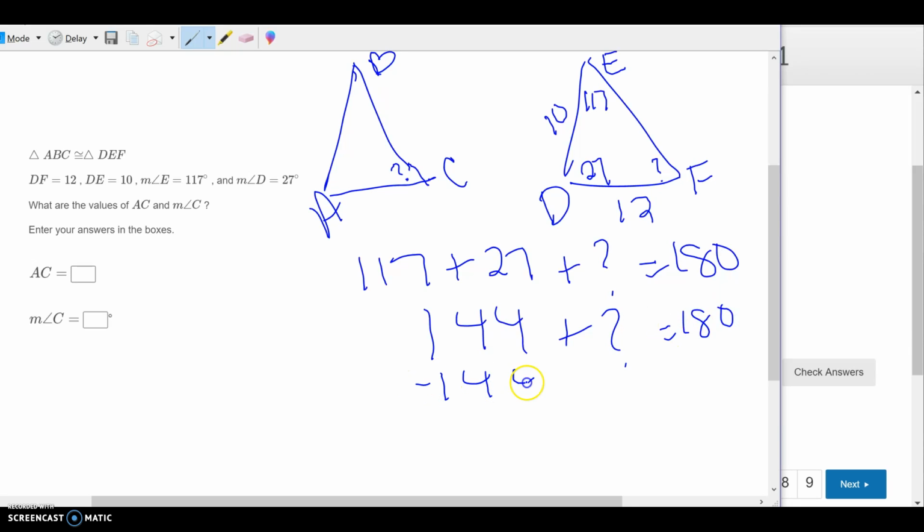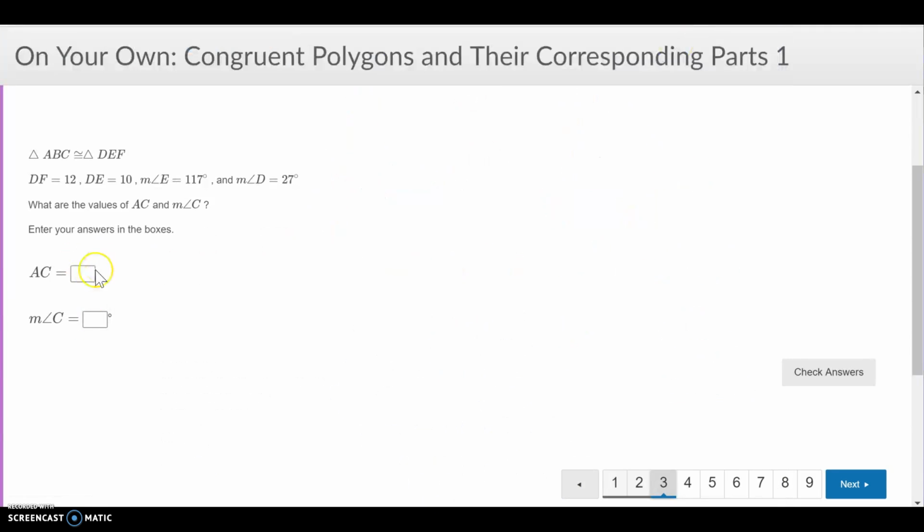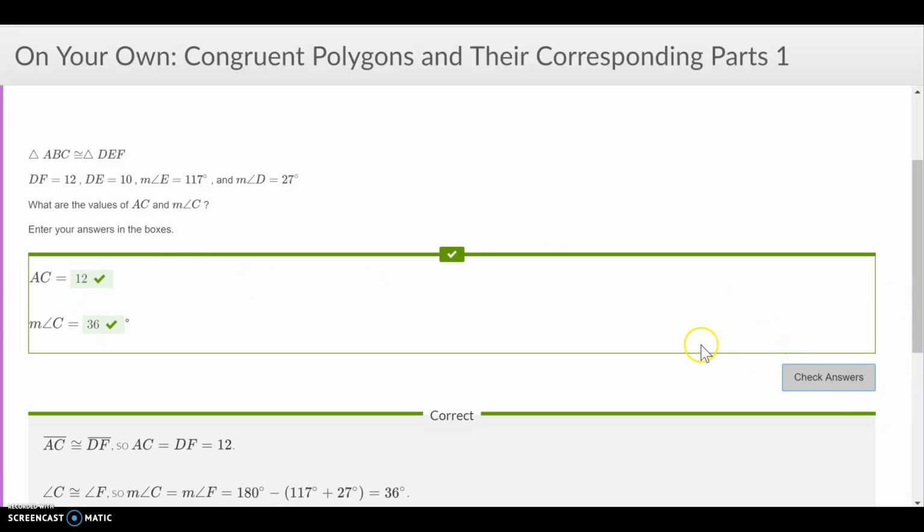So we subtract 144 from both sides, and we get 180 minus 144 equals 36. And then, we're also looking for AC, which is congruent to DF, so AC is 12. So 12 and 36. There we go.